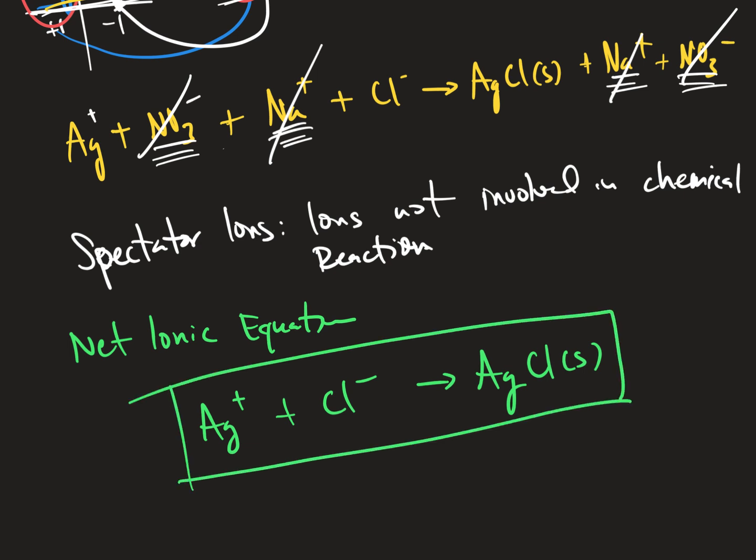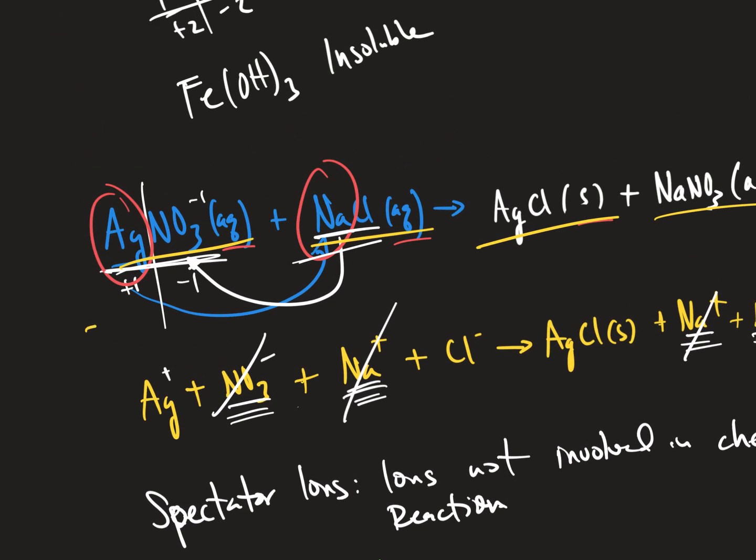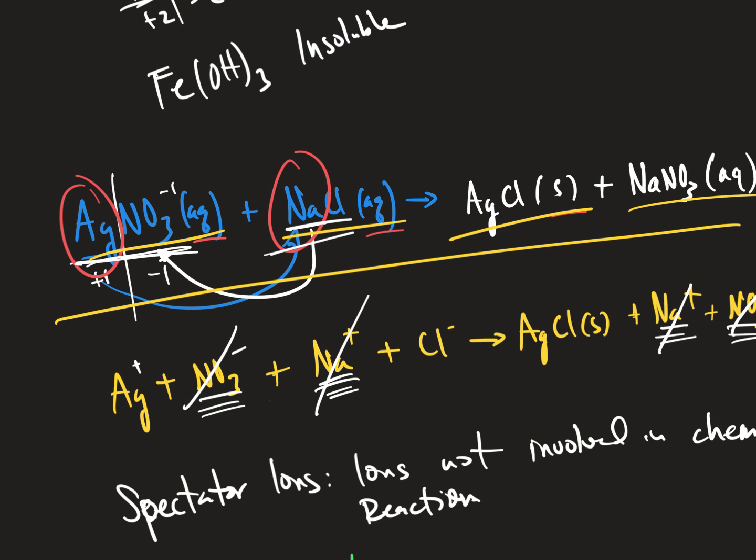Who wants an easier way? Do we understand this way? Here's an easy way. Am I going too fast? So here's my original equation. What's my product? Right there, we know that's the product because it's solid. This is still an aqueous solution, it's still dissociated in water, right? Still dissolved.